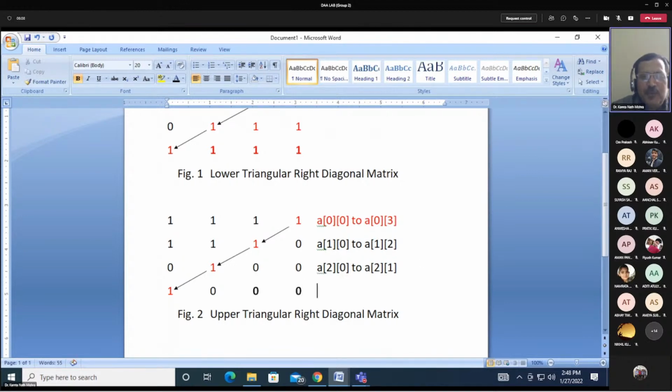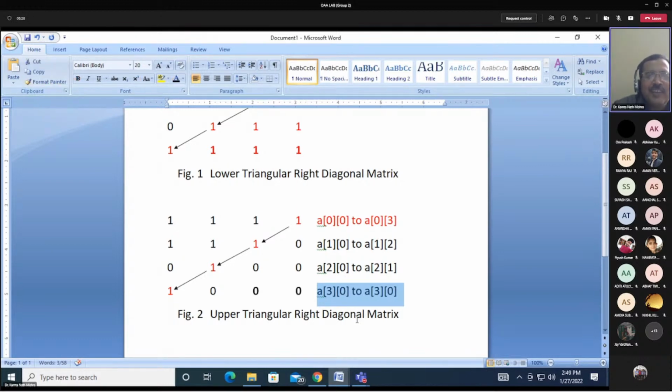And in the fourth row, A30 to A30. Now, what should be the logic?